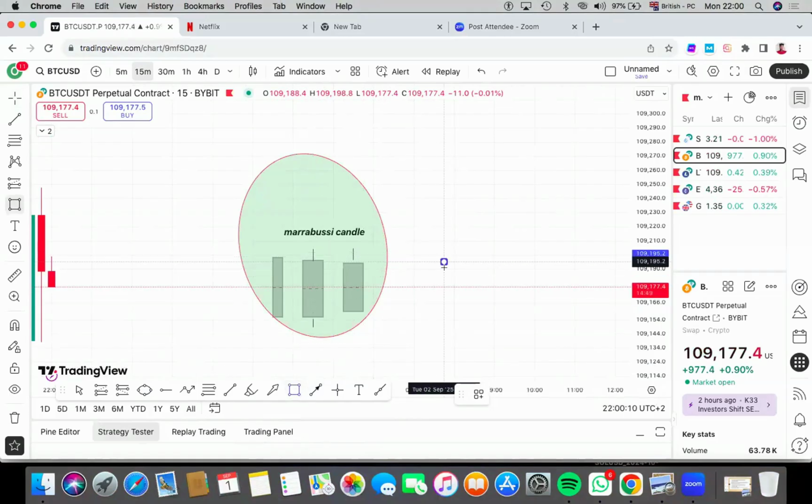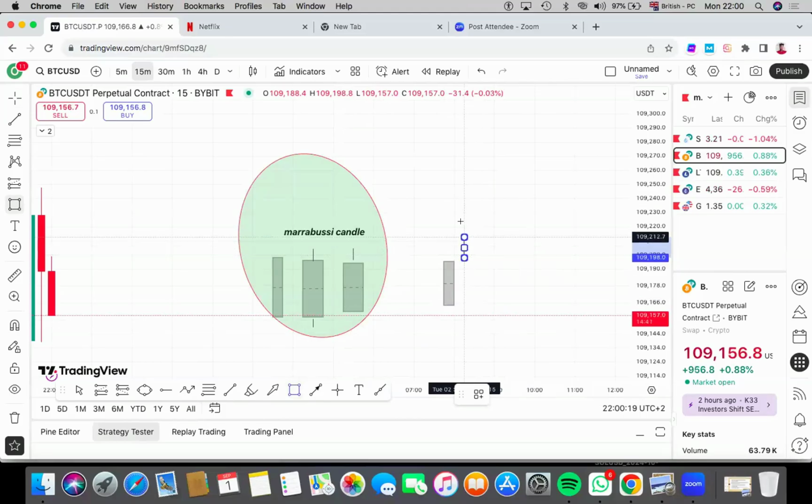But then let me show you what's going to practically happen. So now you have one, and then you have two. So they are following each other just like this, just this way.